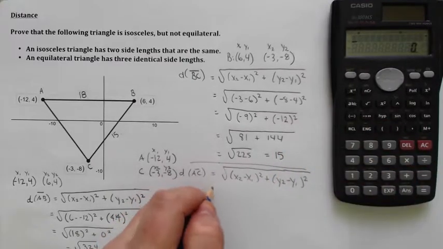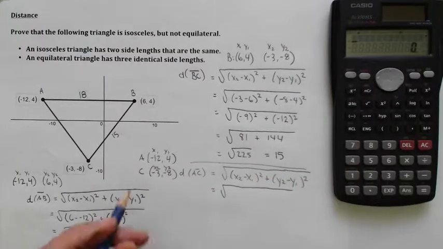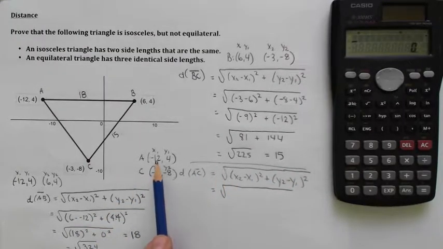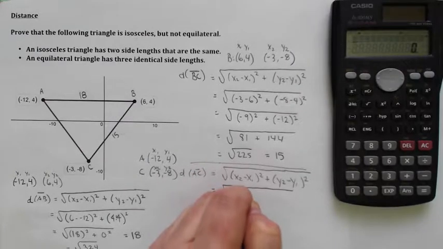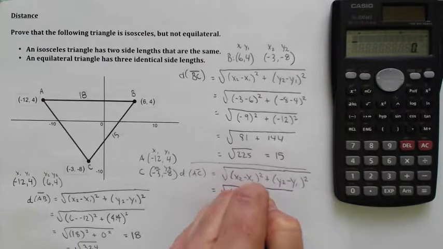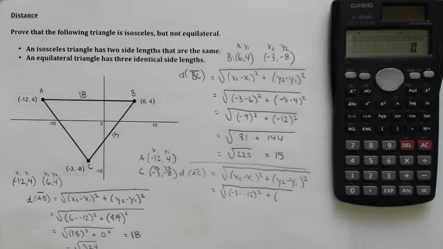So that's going to equal the square root of x2, negative 3, minus negative 12. So be careful there. A lot of negatives. Plus y2, negative 8, minus 4, minus y1.